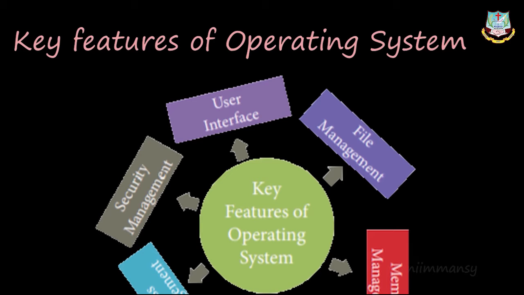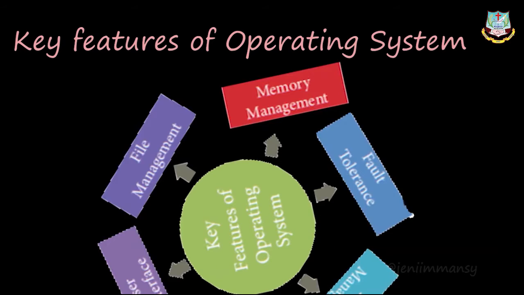Next one is memory management. Memory management means data will be taken from a memory and it will be processed. That thing is managed by this operating system. Okay, memory management is the process of controlling and coordinating the computer's main memory. Like we will have a memory block separately and each part separately.